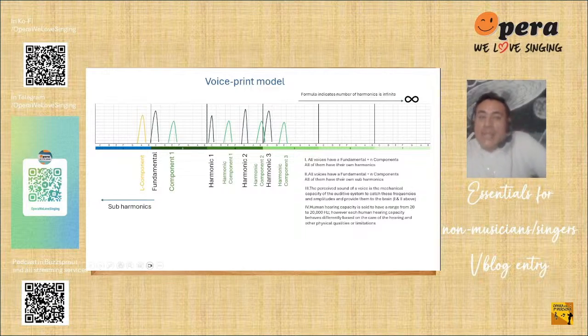So, what does that mean? If harmonics run to the infinite, they perfectly go over 20,000 hertz and beyond. You are unable to listen to many of the harmonics because of the limitations of your hearing.